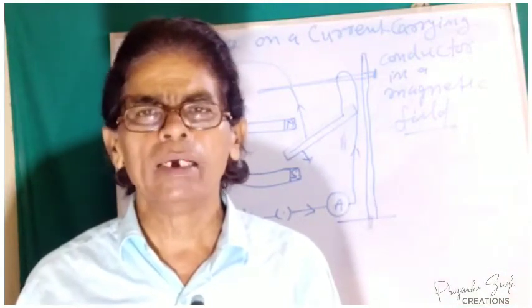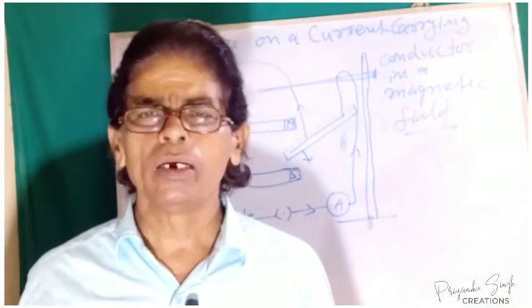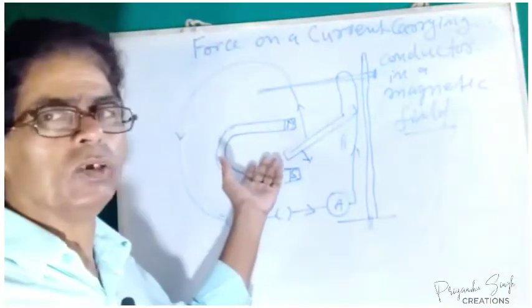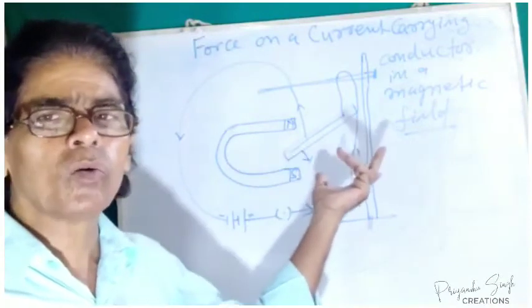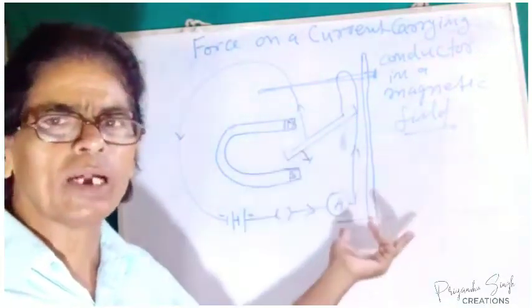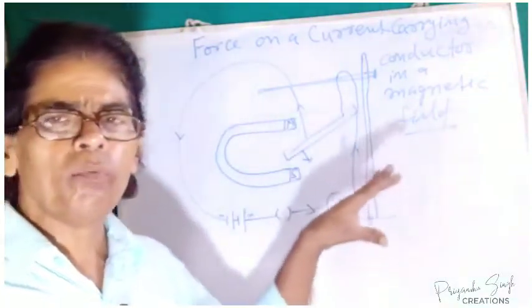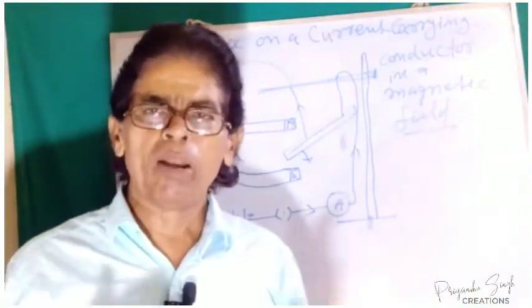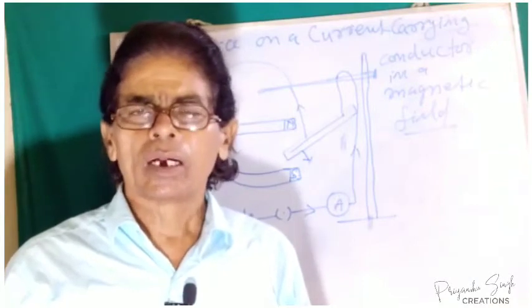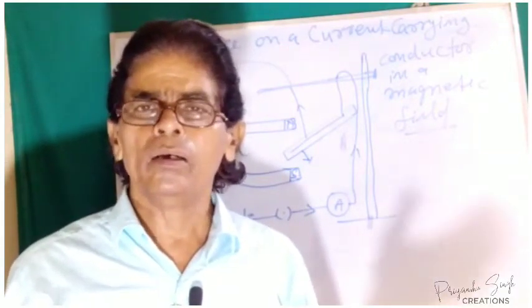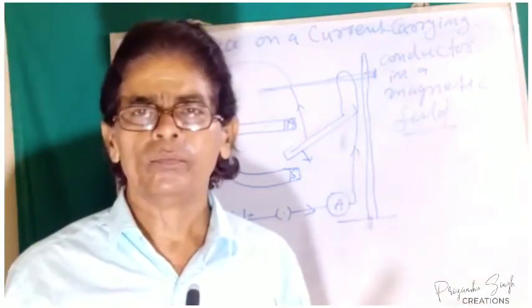So an electromagnet may be used here. That is, if the U-shaped magnet is replaced by the electromagnet, it behaves the same way. So this is the simple way of representing the deflection in the current carrying conductor when it is placed in the magnetic field.